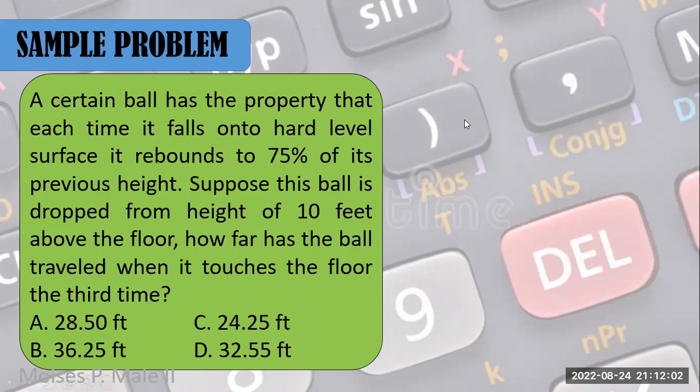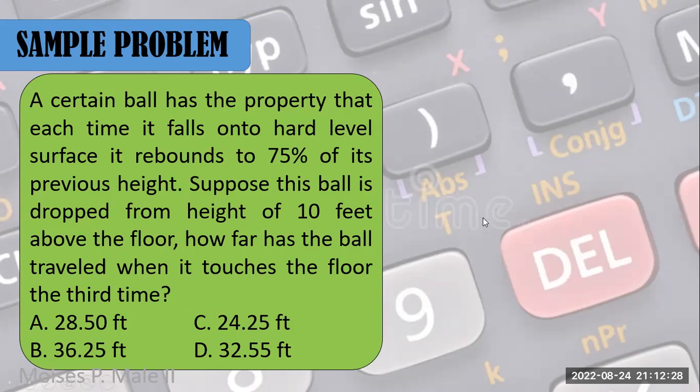So you have 10 as the initial, then 10, then 75% of 10, and 75% of the 75% of 10, and the same value. Then the question is, how far has the ball traveled? So you start with 20, then 75% of 20, then 75% of 75% of 20. Then add all of those.